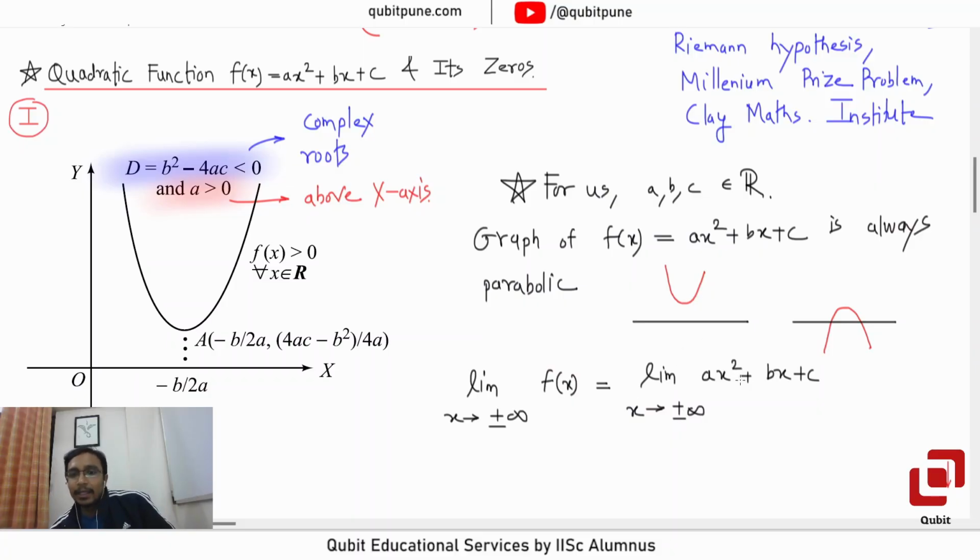So the behavior of this function for larger values of x in magnitude is totally decided by the sign, whether it is going to positive infinity or negative infinity. And when a is positive, this limit is infinity.